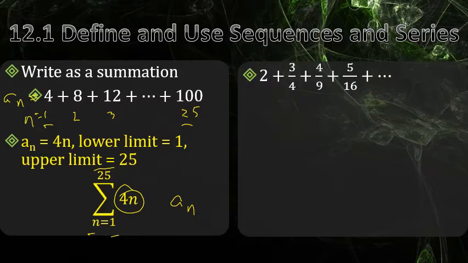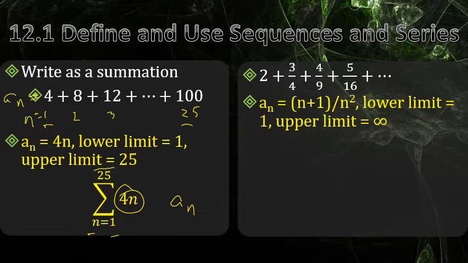Here, let's try this one. Again, I need a rule for an nth term. All right, and how did I get that? Well, let's see. If n is 1, 2, 3, 4, we could write this as 2 over 1.